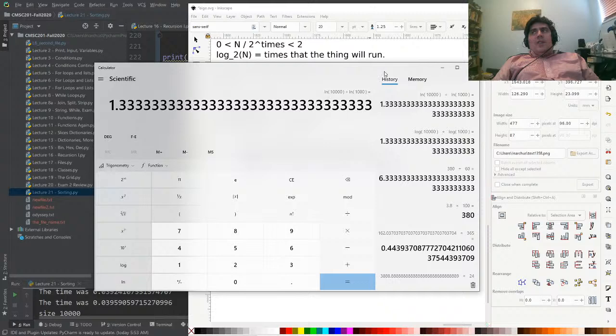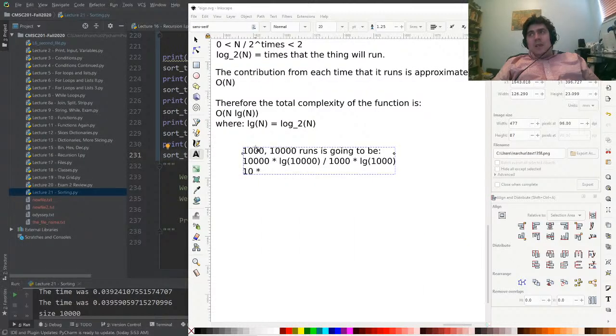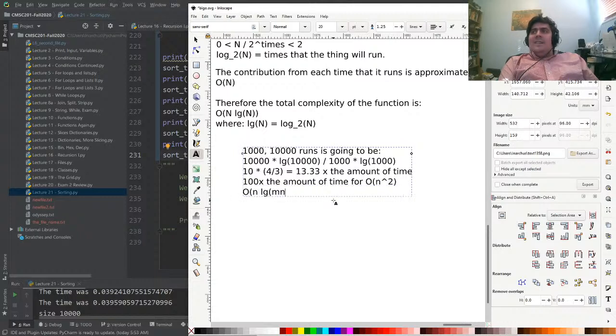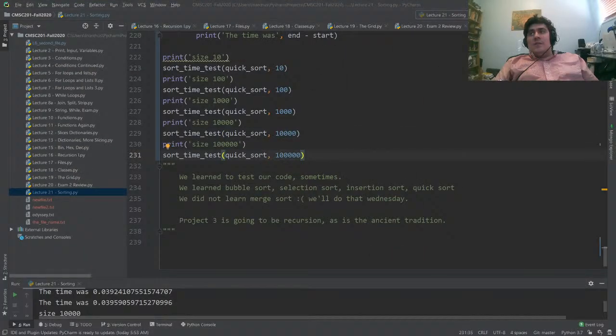It doesn't matter what base you do it in, because nicely this is the log base change formula, so it's going to be invariant. So the log ratio is approximately 4/3, because that's what the log is. So it's going to be approximately 13.33 times the amount of time. And remember that for an O of n squared algorithm, it was about 100 times the amount of time. But for O of n log n, it's about 13 times. So now let's do our actual calculations and see what happens.